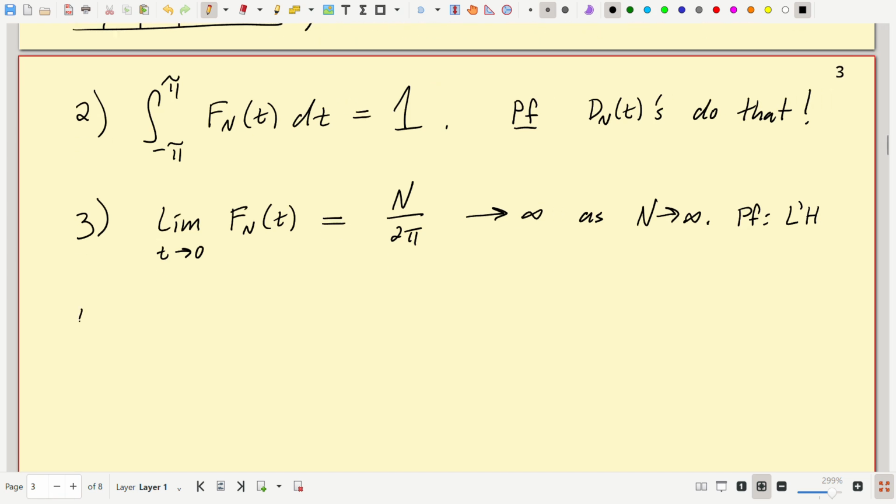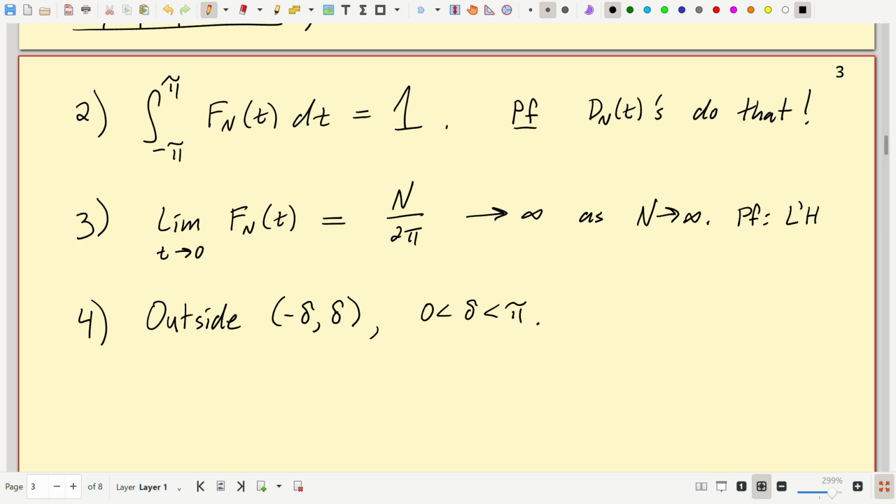Number 4, even though it's getting gigantic at the origin, it's going to 0. So outside any interval, so I'll take the outside of the interval from minus pi to pi, let me say, minus delta to delta, when delta is something less than pi. Think of delta as being small.